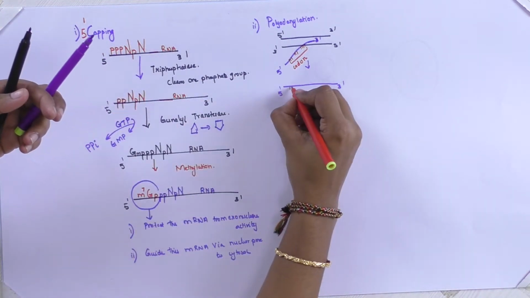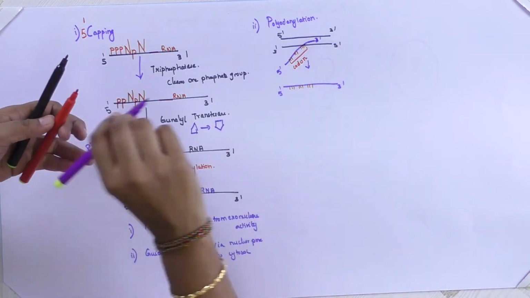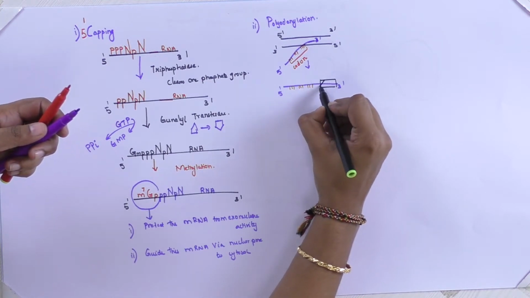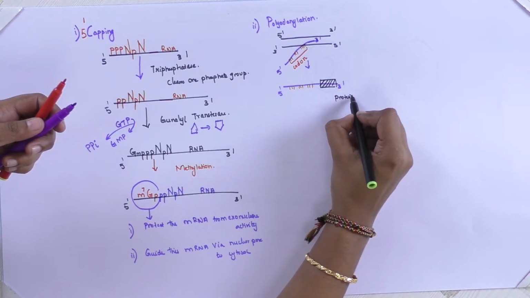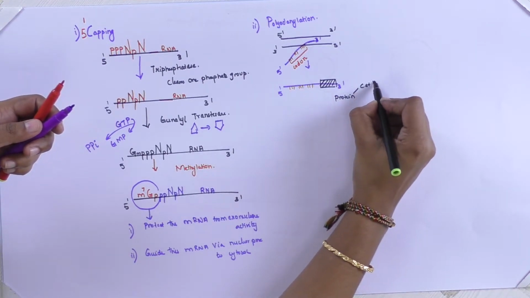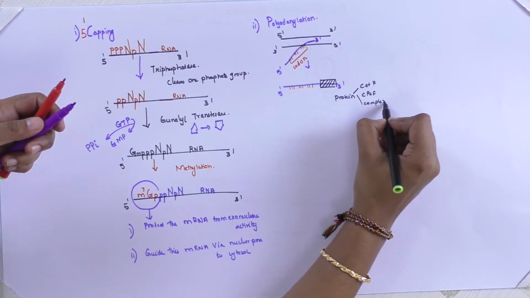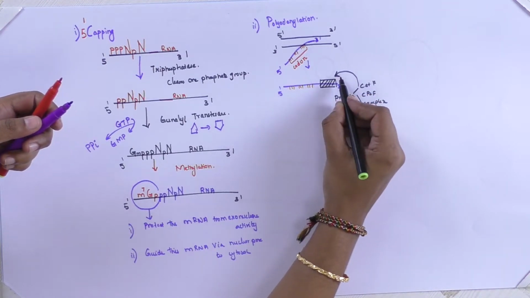you will have codons here, but here it is going to recognize a certain signal, and the signal is usually recognized by proteins. For example, CSTF, CPSF and other complex proteins come and recognize this sequence which is present in the 3' end.